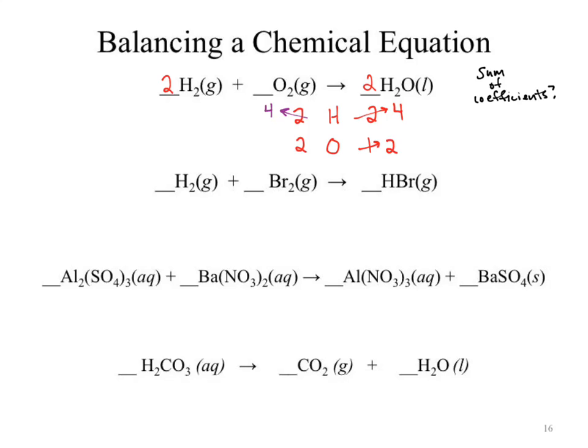That number is in our answer, and we don't have to check all of your work to go through and balance it. So, if we look at the coefficients, the coefficient in front of hydrogen is 2, in front of oxygen 1, in front of H2O 2. That gives us a sum total of 5.